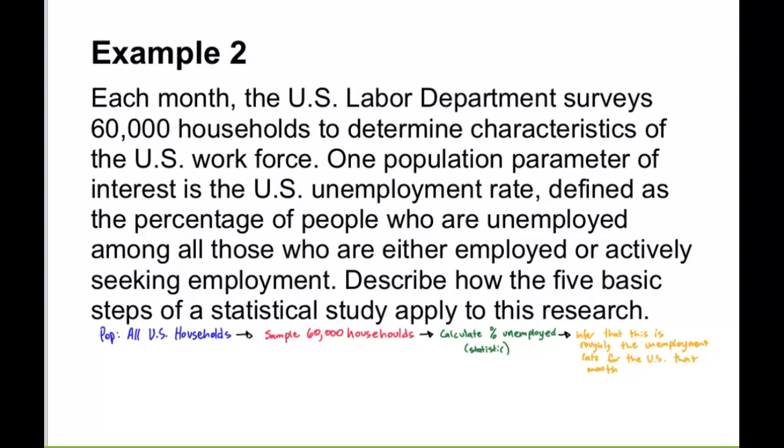And from there, our fifth step is just going to be draw conclusions about the U.S. economy, or about the U.S. population in general.